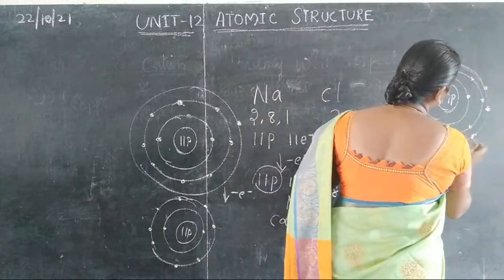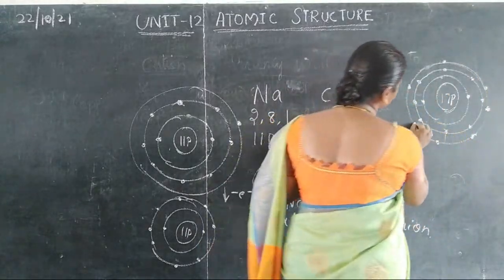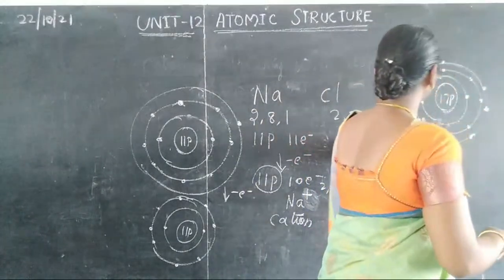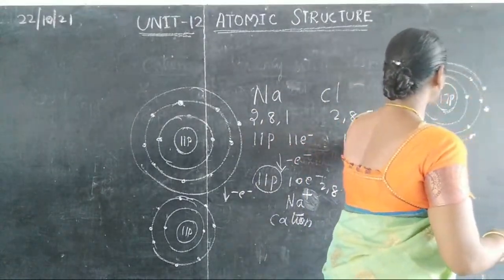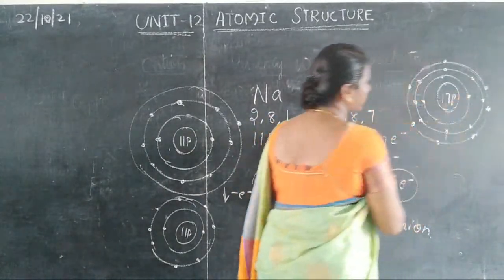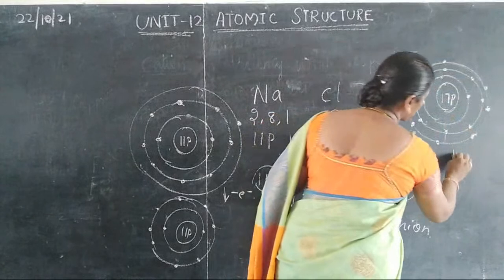So it has 7 electrons in the outermost shell.